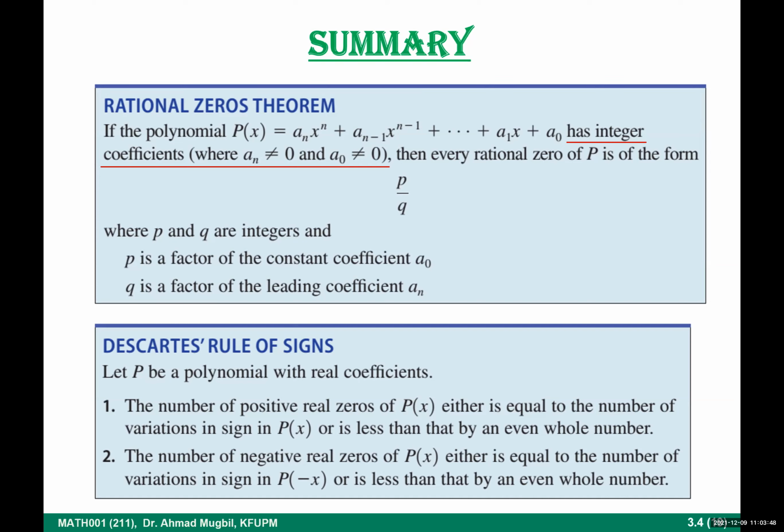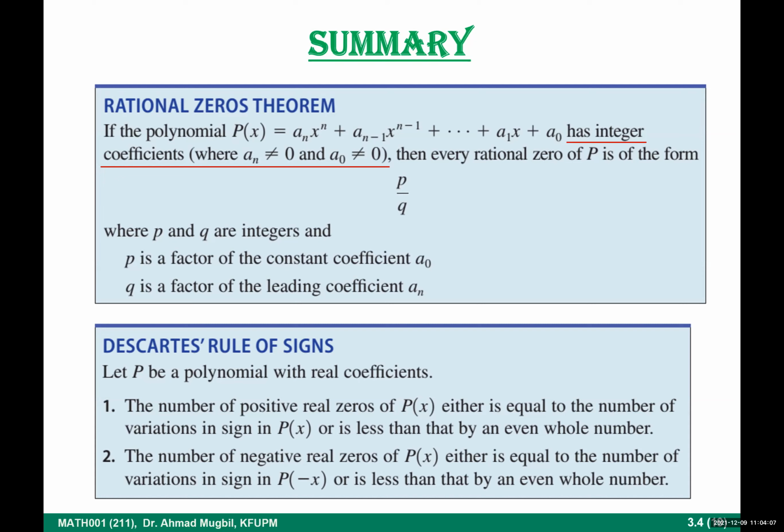For the negative real zeros, you count the number of variations in P of negative x. You replace x by negative x, and then you see how many times the sign changes from positive to negative or from negative to positive, or less than that by an even number.